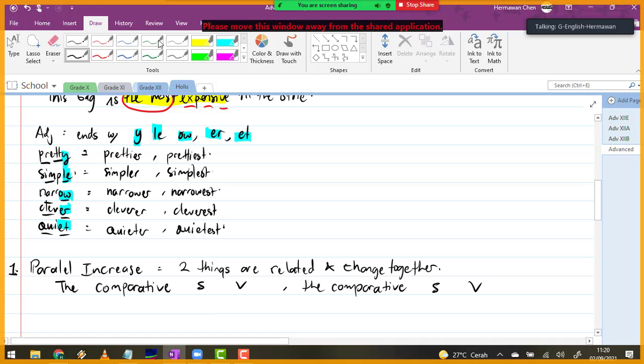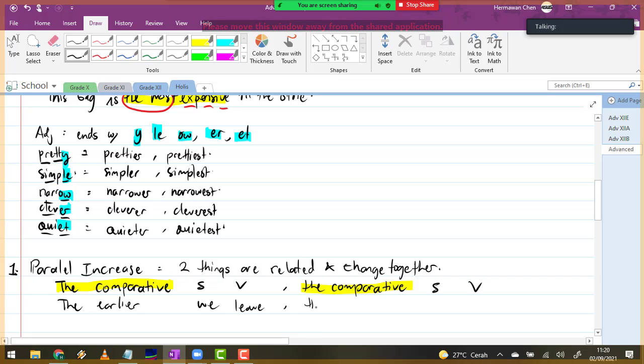Now look at the example. The earlier we leave, the sooner we arrive.